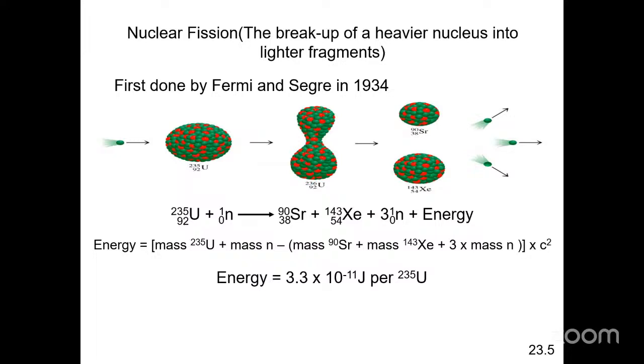So actually, you should multiply 3.3 times 10 to the minus 11 times Avogadro's number, which is 6.02 times 10 to the 23. And the answer I got for each mole is 2.0 times 10 to the 13 joules per mole of uranium, which is relatively large, all right?